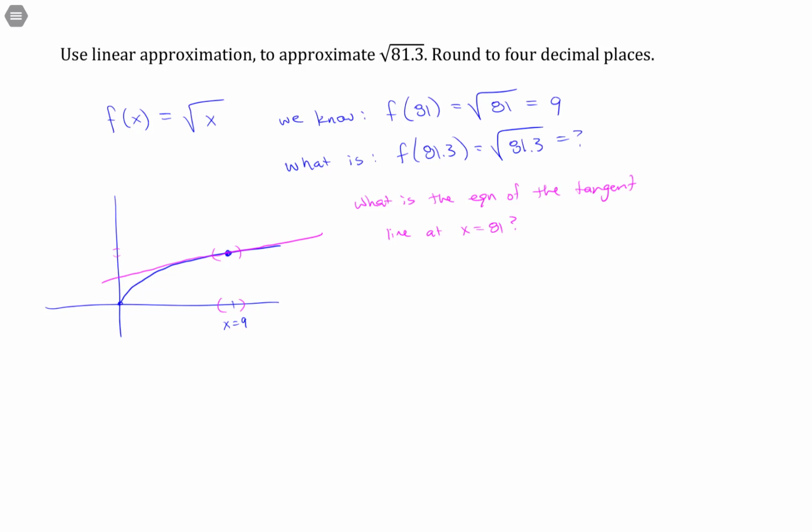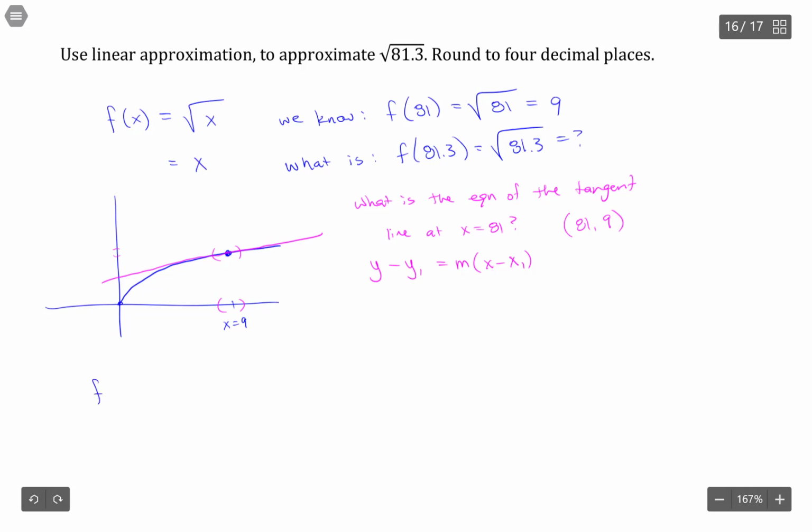Okay, so to get the equation of a tangent line, we use y minus y1 equals m times x minus x1. We know the x and y values here, because the x value is 81, the y value there is 9. What we need is the slope at that particular point. The slope comes from the derivative. All right, so clearly we'll just look at this as x to the 1/2 power.